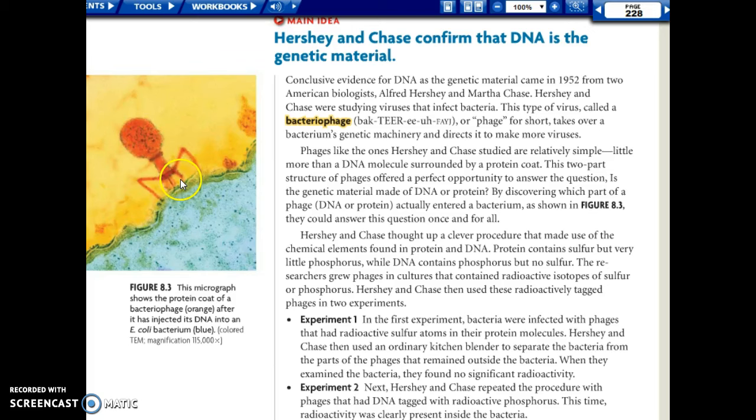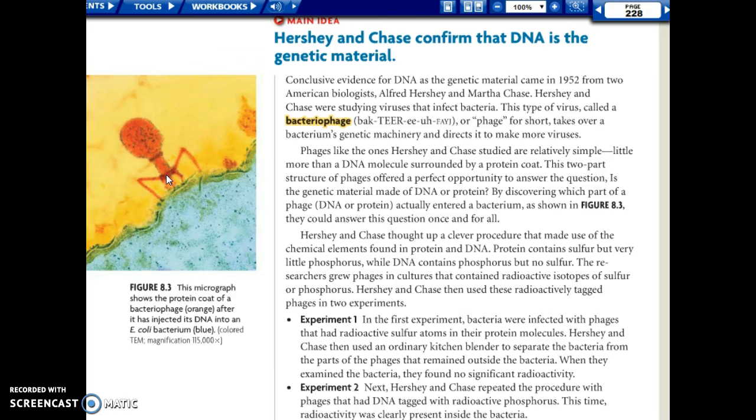This outer part is made up of protein. Protein contains sulfur. What we cannot see so well is the DNA that's inside this bacteriophage. The DNA inside the bacteriophage that we cannot see does not contain sulfur, it contains phosphorus.